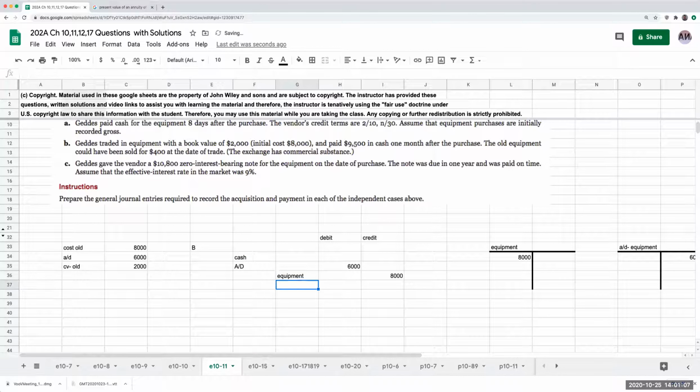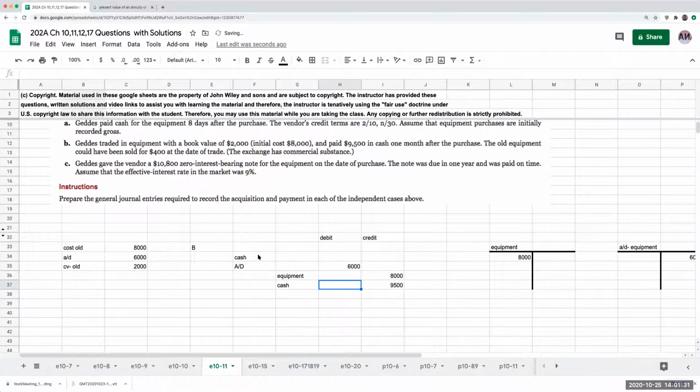So Getz traded in equipment with a book value of 2,000, initial cost 8, paid 9,500 in cash 1 month after the purchase. The old equipment could have been sold for $400 at the trade-in date. Has commercial substance. So if I went over here and said, okay, cash, I'm paying 9,500.